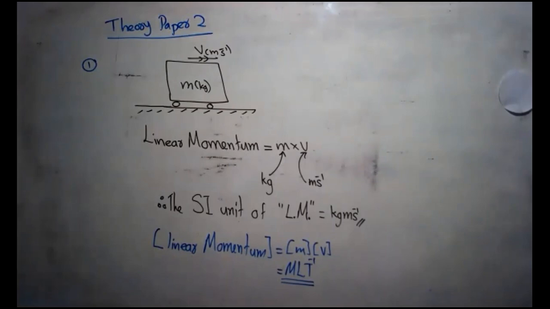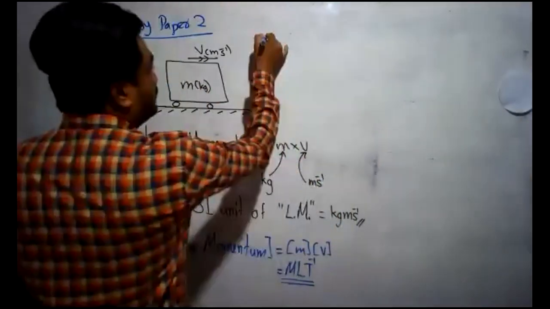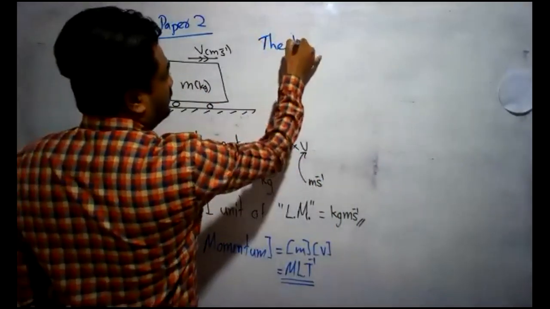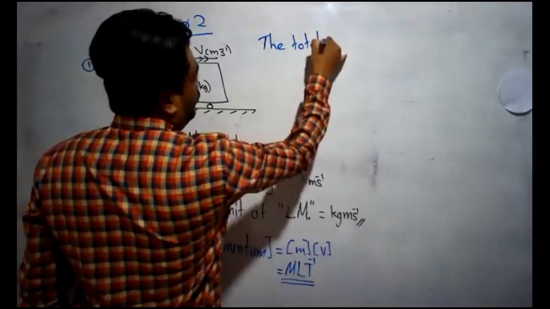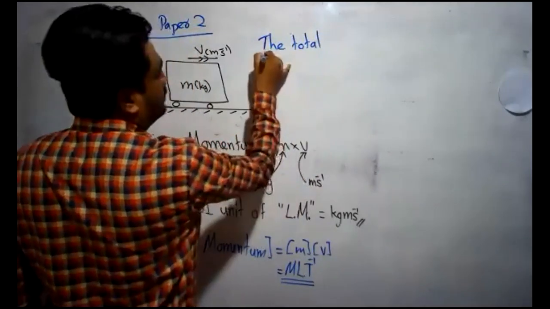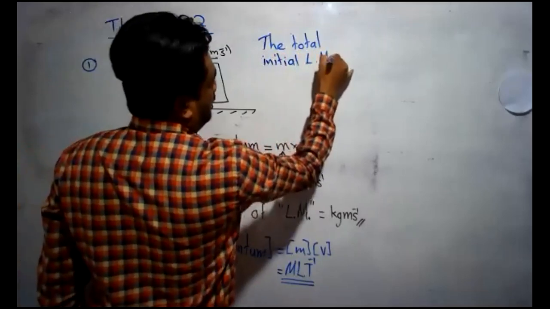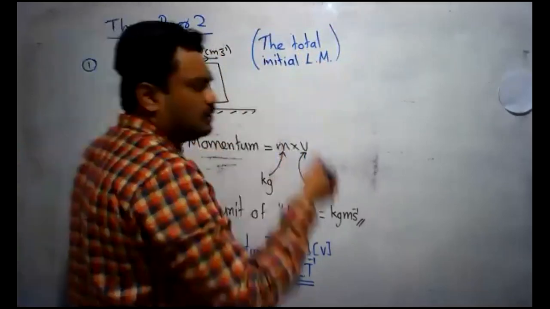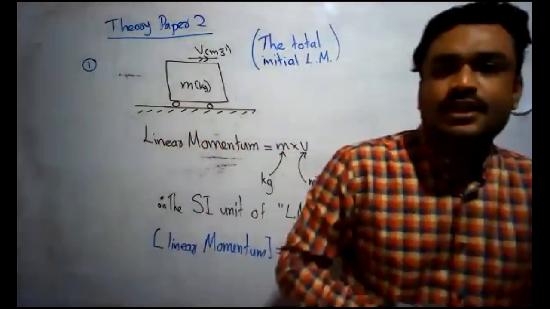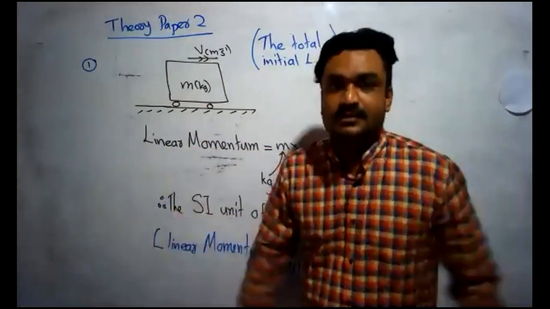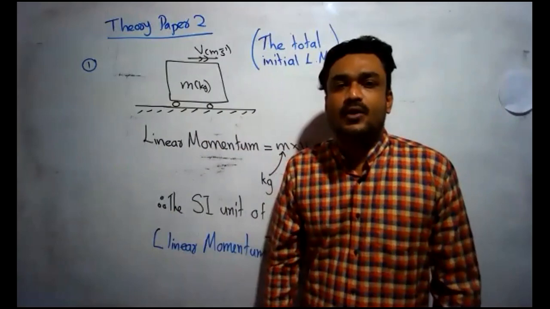Look at board. The total initial linear momentum. What is the meaning of the word conserved? Total linear momentum is conserved along a direction where there are no external forces.